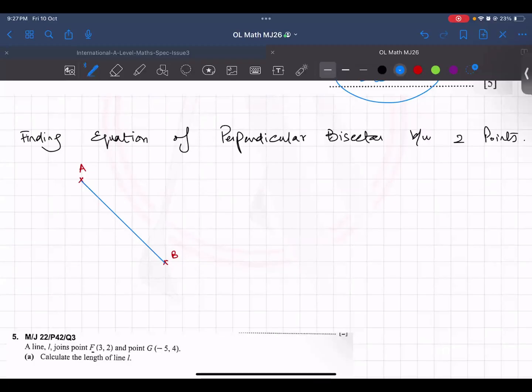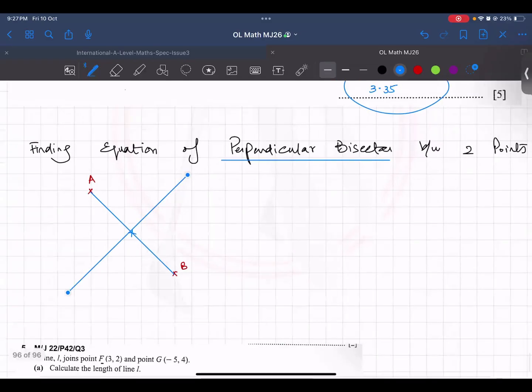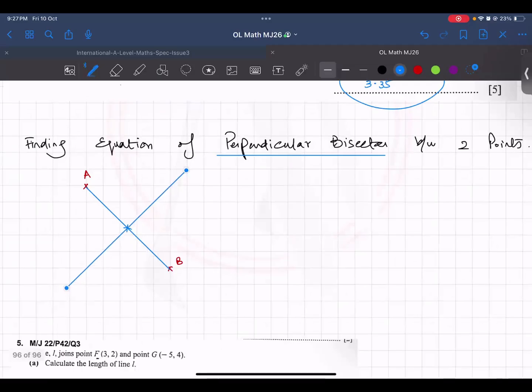You know, perpendicular bisector is definitely a line which is bisecting it. Bisecting means it is dividing the distance between these 2 points equally. So it would be exactly in the middle, passing through the middle. And perpendicularly. Perpendicular means that it would be crossing like this at 90 degrees from the middle.